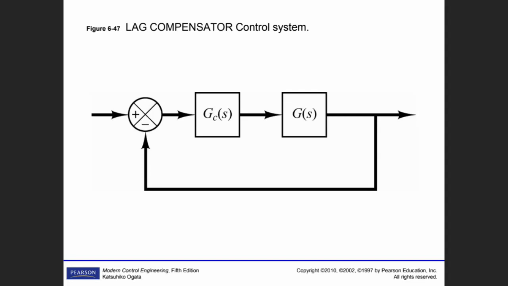GC is equal to Kc times 1 plus 1 over T over 1 plus 1 over beta T.